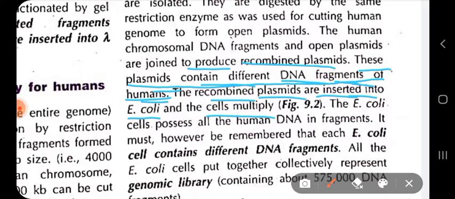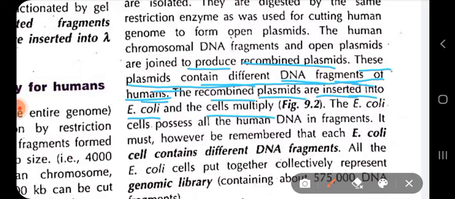Just like in microbiology, we incubate the E. coli cells in an incubator at 28 degrees Celsius, I think 28 maybe, and at that optimal temperature, E. coli cells divide rapidly.